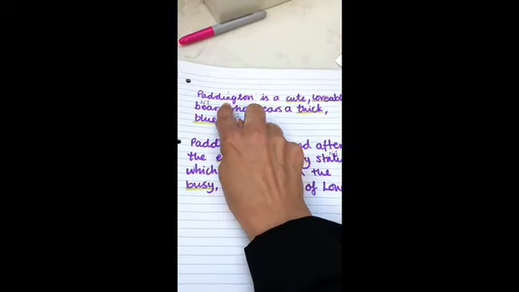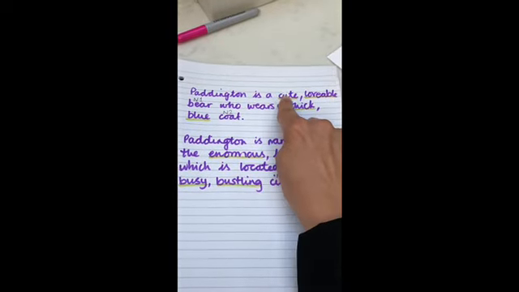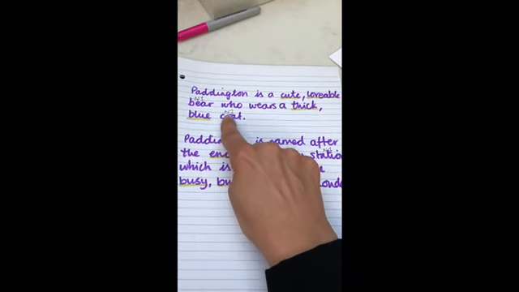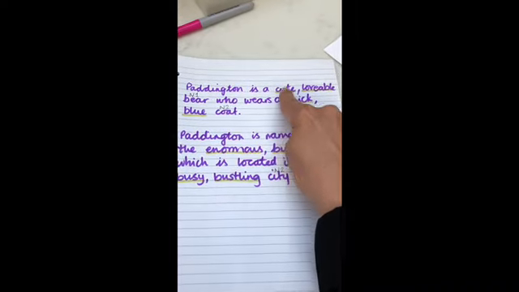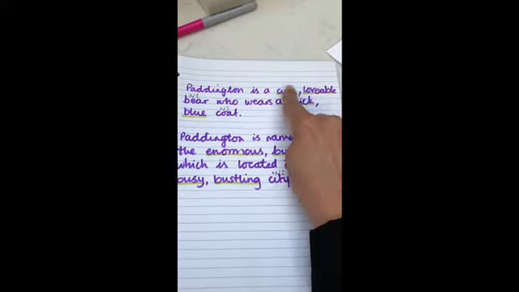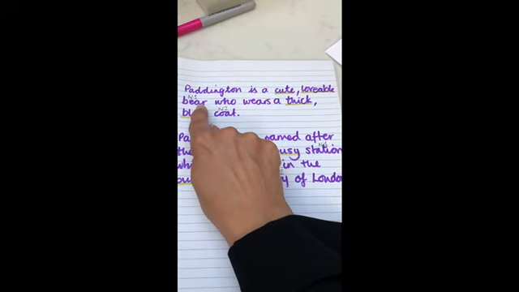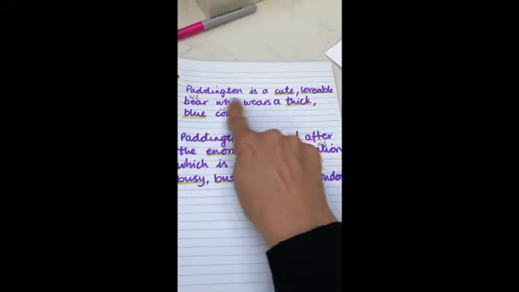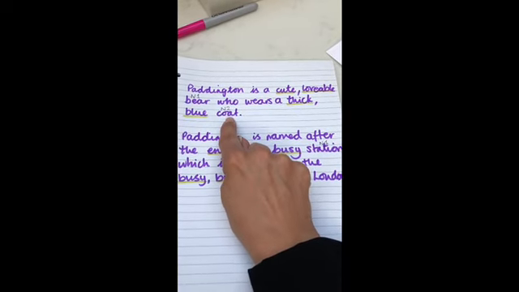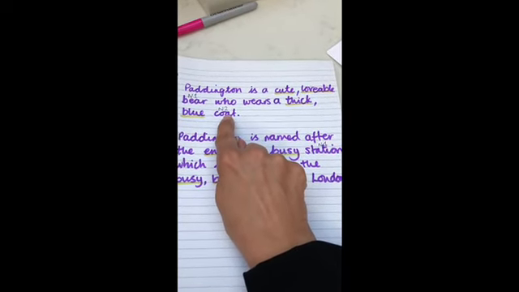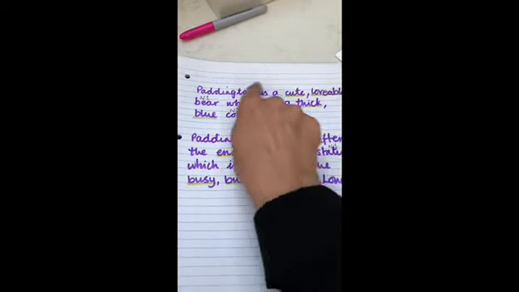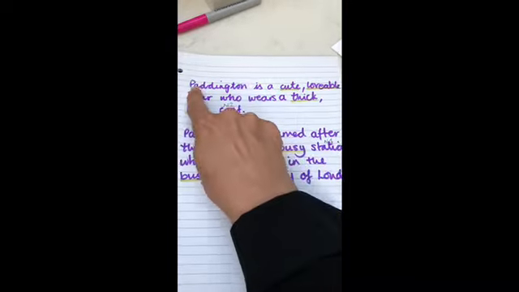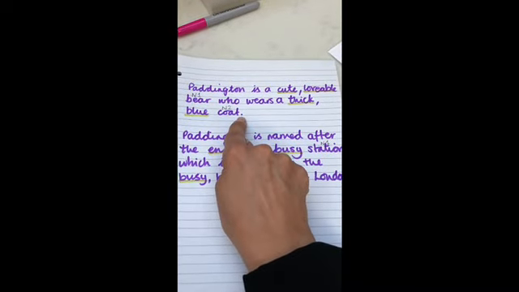So let's have a look at the first one. Paddington is a cute, lovable bear who wears a thick blue coat. So I've got my 2 adjectives, cute, lovable, and bear being noun 1. And then I've got thick blue, my next 2 adjectives, and noun 2 being coat. So I've followed my rules, I've used my punctuation correctly, and a capital letter and a full stop.